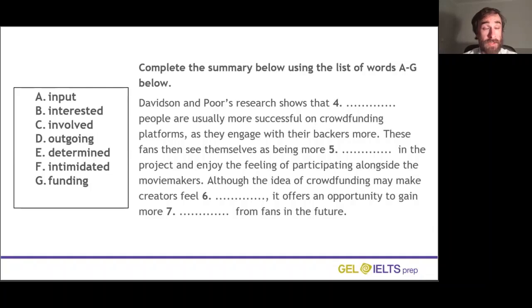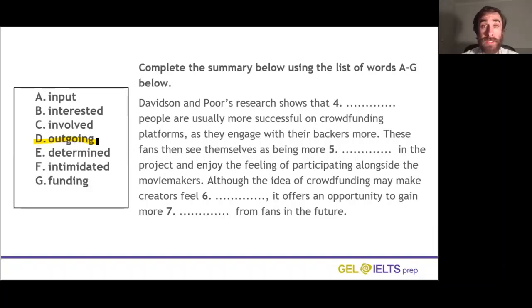Out of those options, the synonym for extroverted is D, outgoing. Even if you didn't know the meaning of outgoing or extroverted, you could probably guess that it's not the same as the other options, so it must be outgoing. So the answer to question 4 is D.